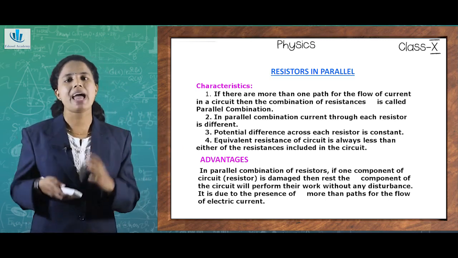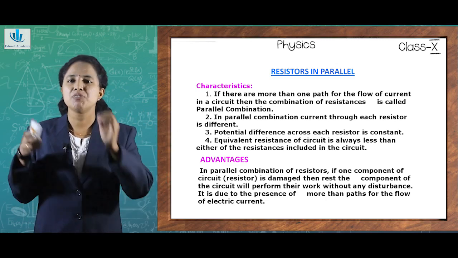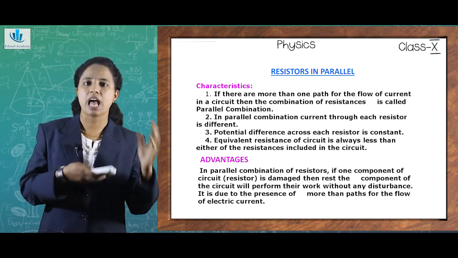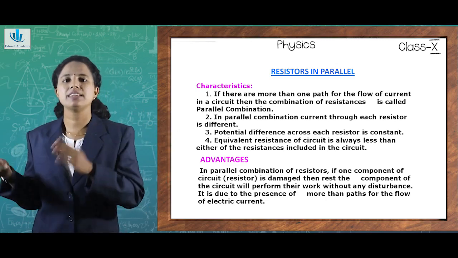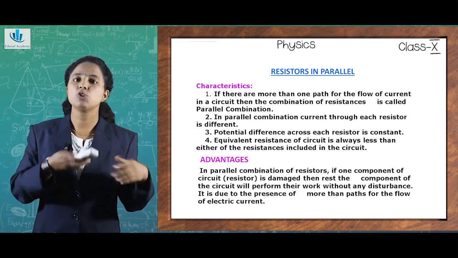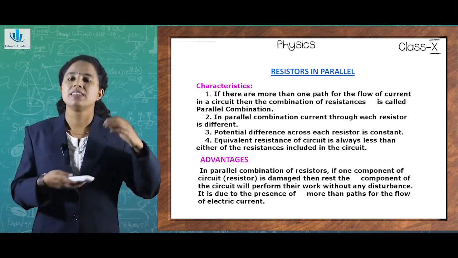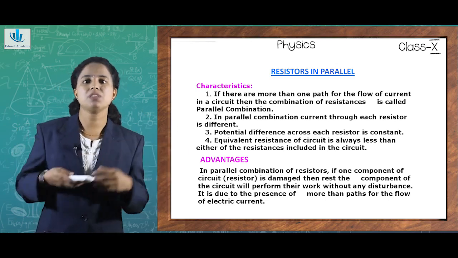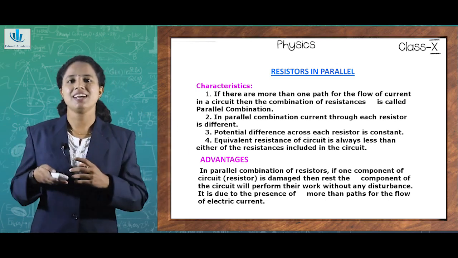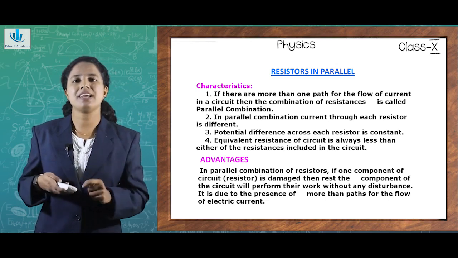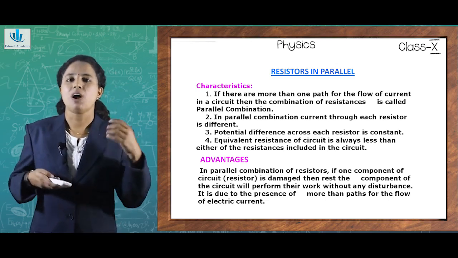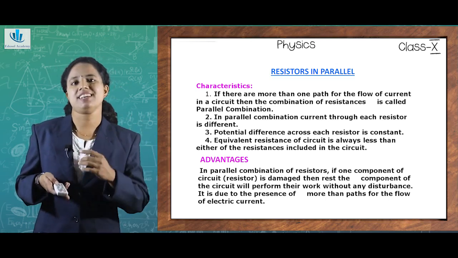So if it is a parallel combination of resistors and one component of the circuit is damaged, it won't affect the other components. That means the circuit will still work without any disturbance. This is because there is more than one path for the flow of electrical current. That is one main advantage of resistors in parallel over resistors in series.